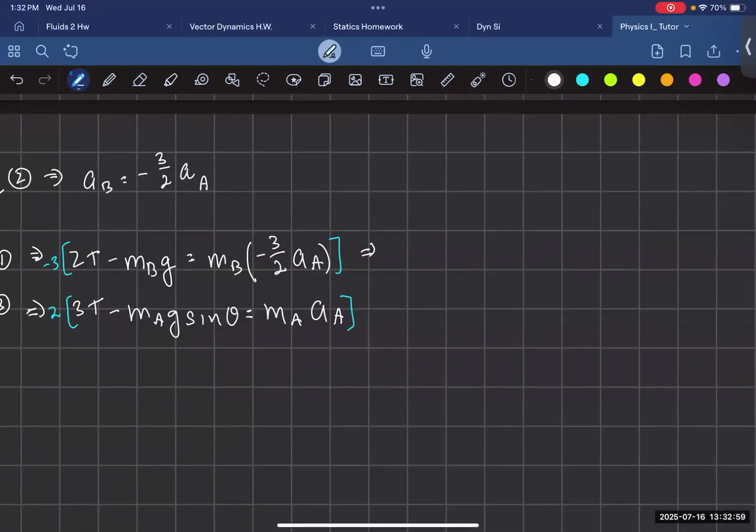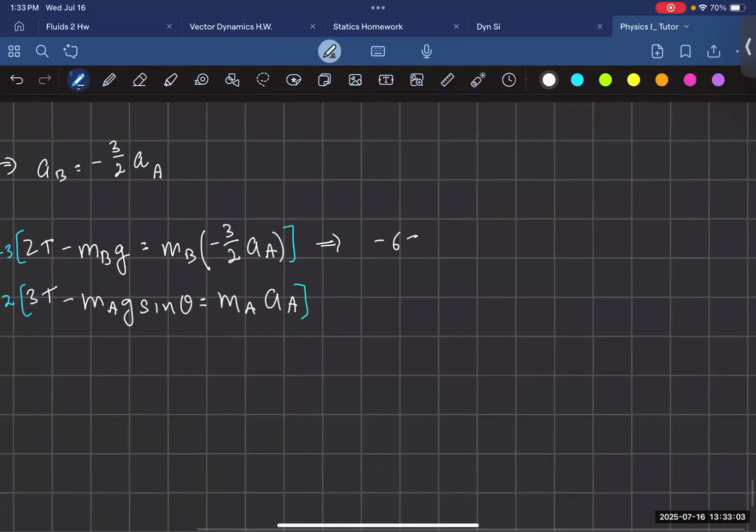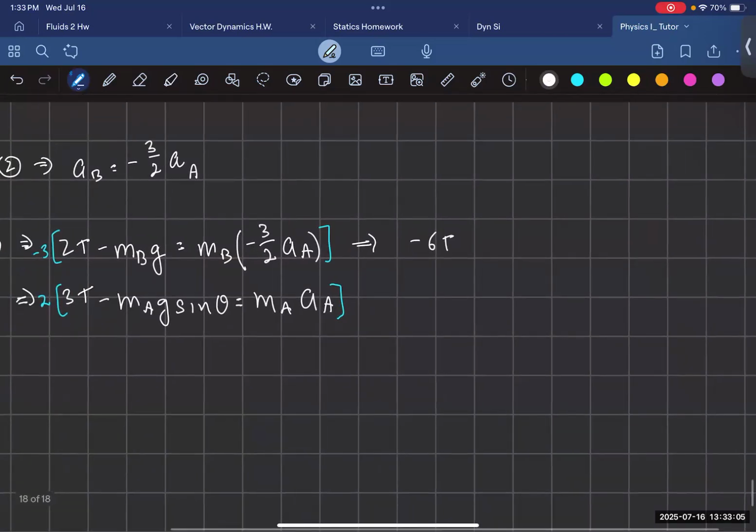So scaling up the equation by -3, we get -6T plus mB plus 3 mass of B times gravity is equal to, now the negatives and the negatives are gonna go away. The 3 and the 3 are gonna multiply.